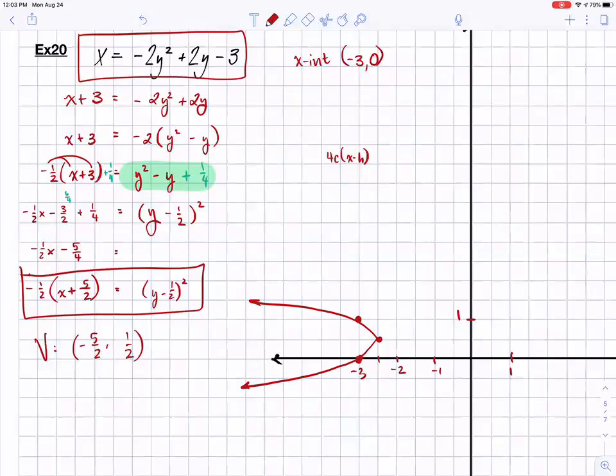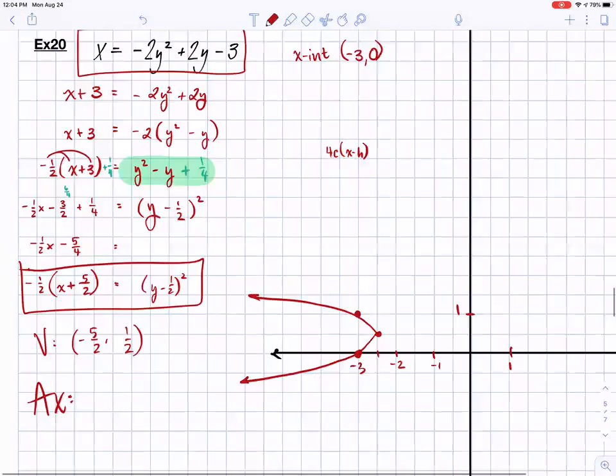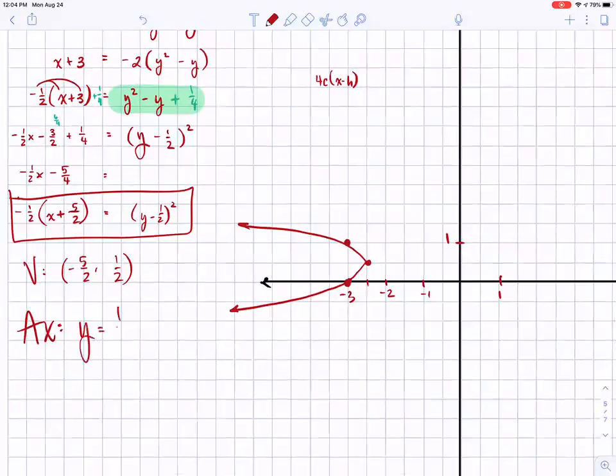Okay, so I got my graph. I've got my vertex. Where's my axis of symmetry? Y equals 1/2. Good. Where's my domain? -infinity to, say it again?